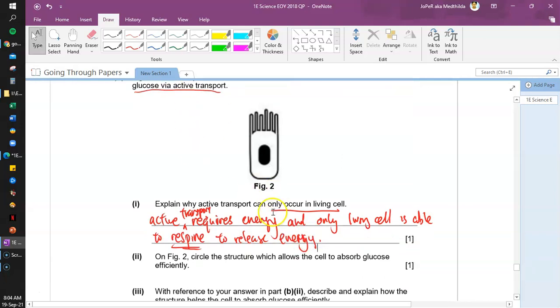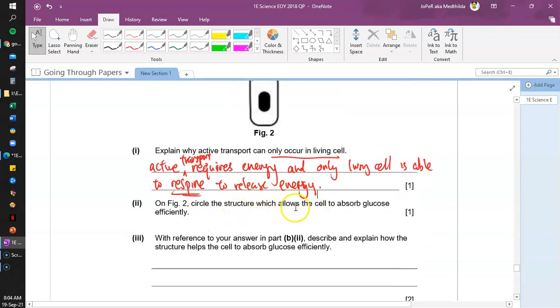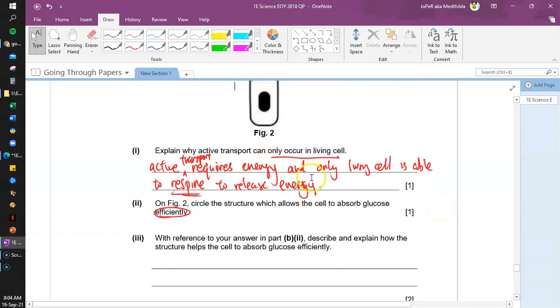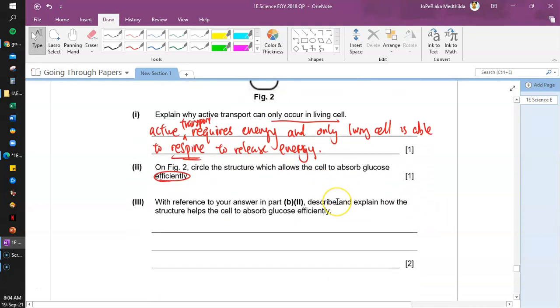Next, on figure 2, circle the structure which allows the cells to absorb glucose efficiently. Efficiency means they must have some way to help them. It's actually over this part here. How do you know it's that part? Because this is the part we have mentioned here. Epithelial cells have what we call folded structures.